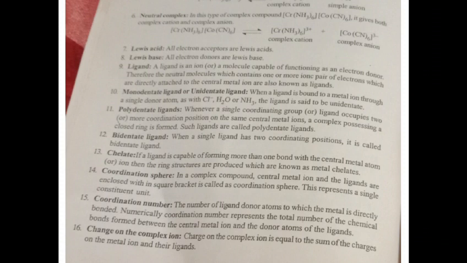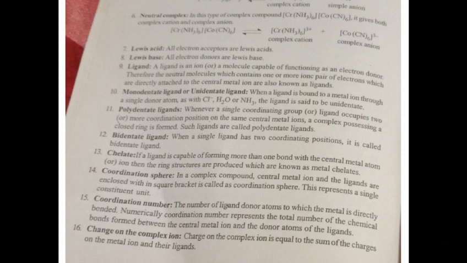Classification of ligands: monodentate ligands or unidentate ligands, bidentate ligands, polydentate ligands, etc. Monodentate ligands: when a ligand is bound to a metal ion through a single donor atom, for example Cl minus, H2O or NH3, the ligand is said to be unidentate.